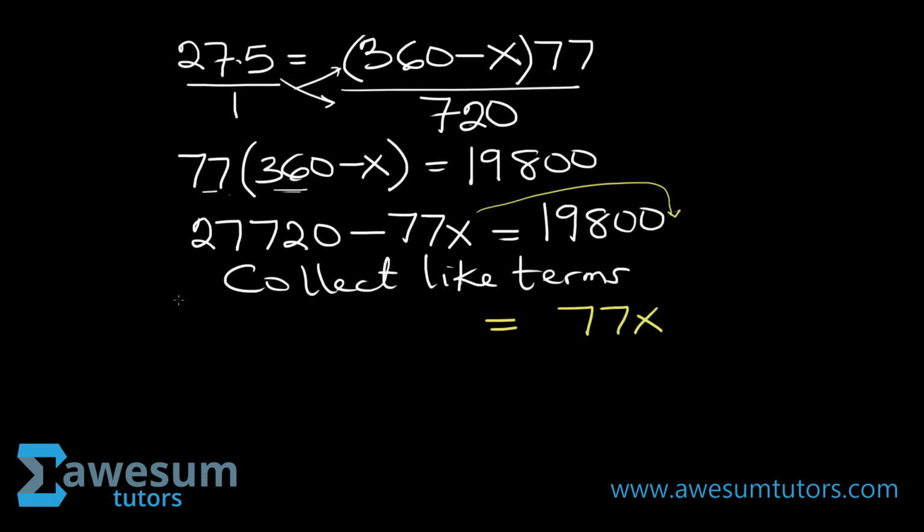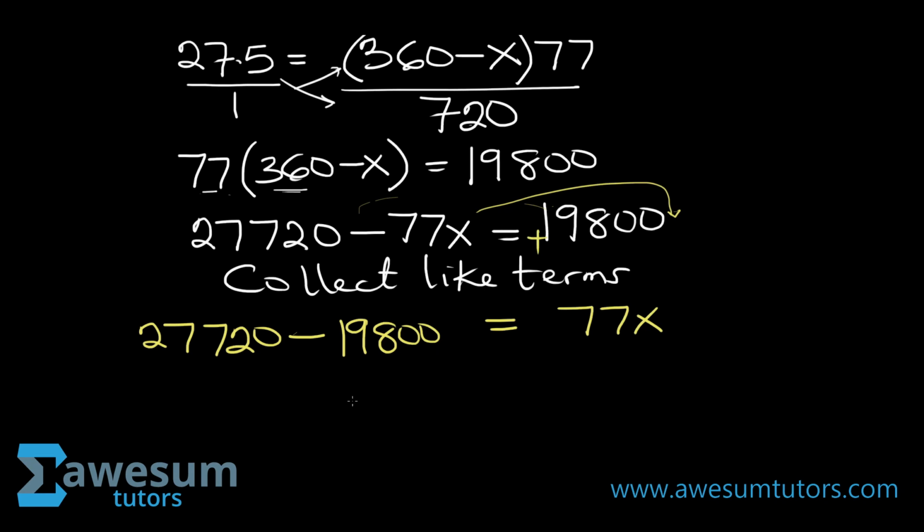Okay. And this is 27,720 right here. This is 19,800. It can cross the equal to sign and then come over here to become negative, because it was positive before, right?